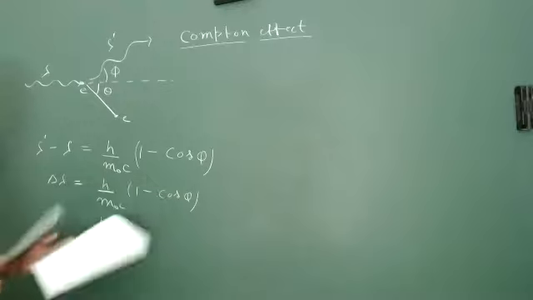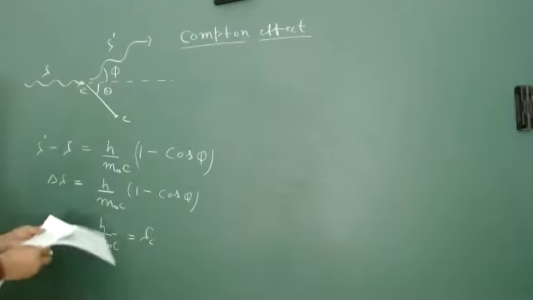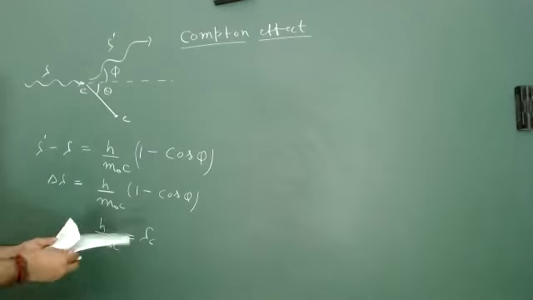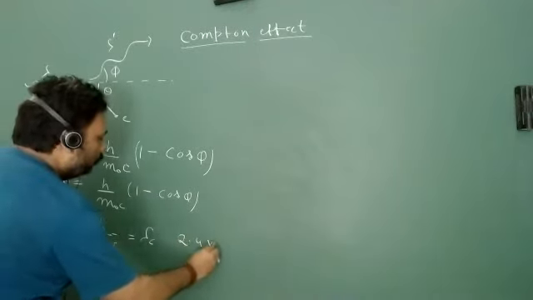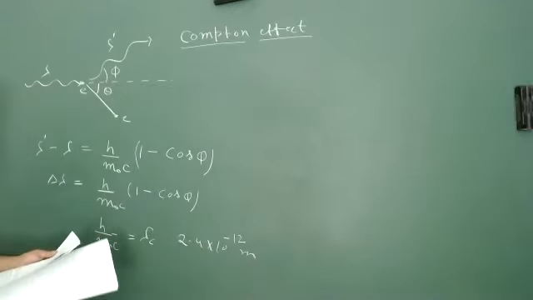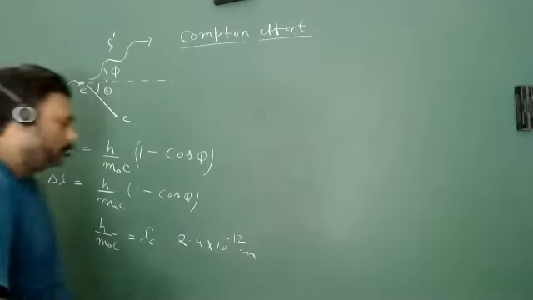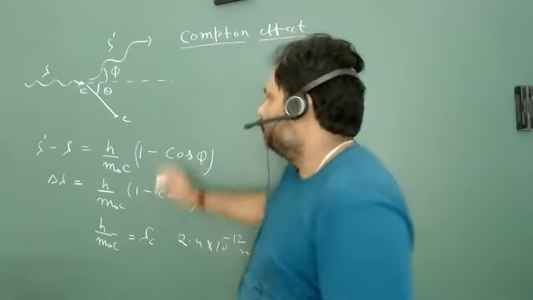So this is the Compton wavelength, 2.46 into 10 to the power minus 12 meter. Am I right? 2.46 or 2.4. So this is of the order of a picometer. So this is the direct formula.